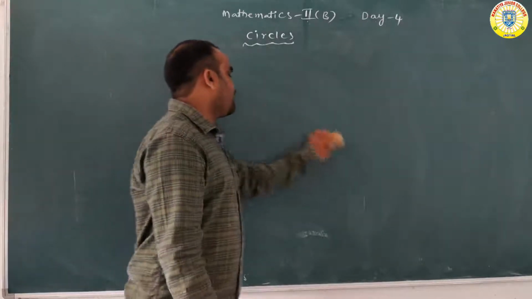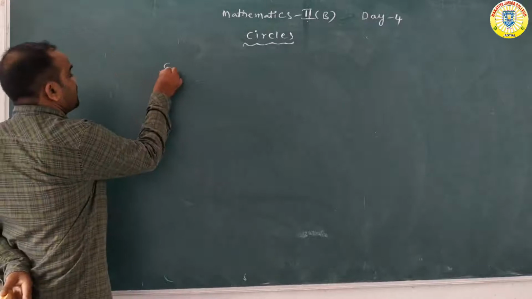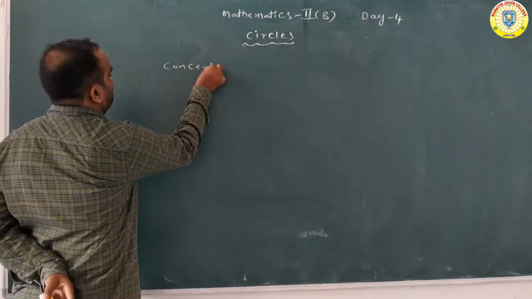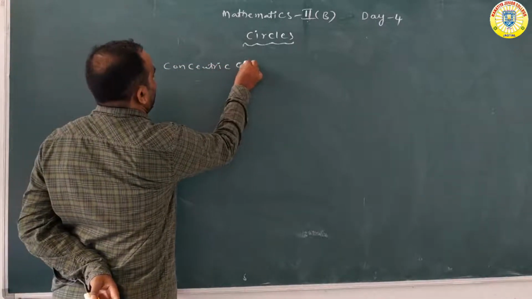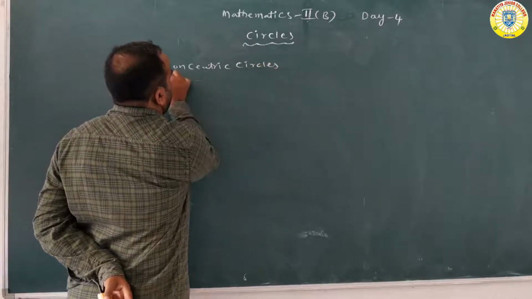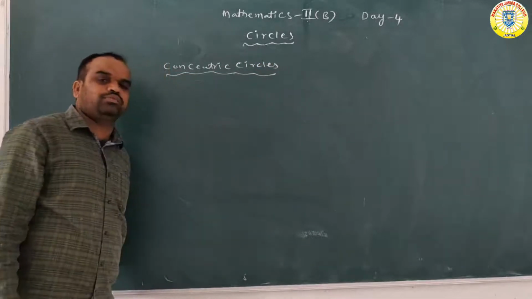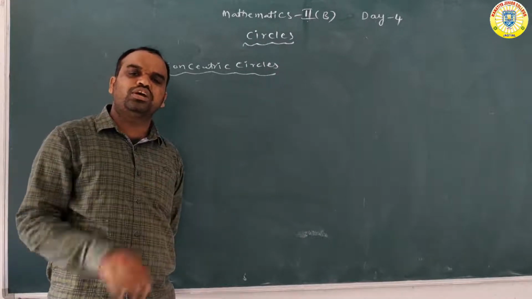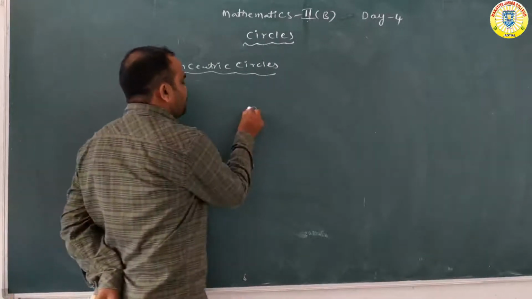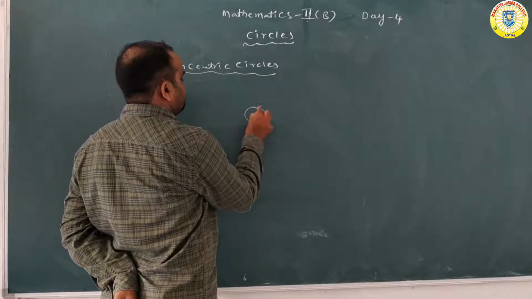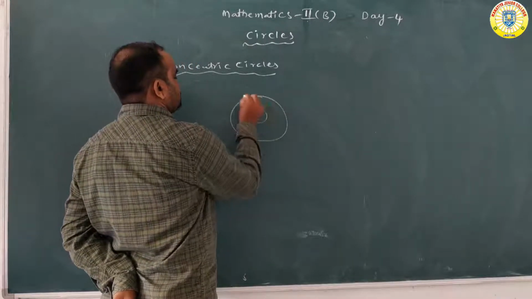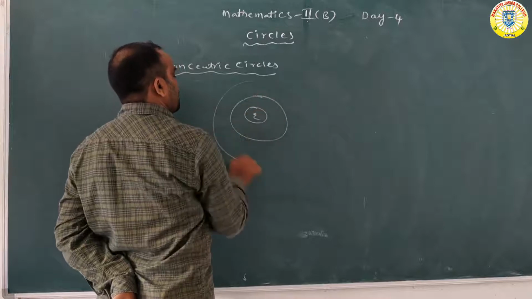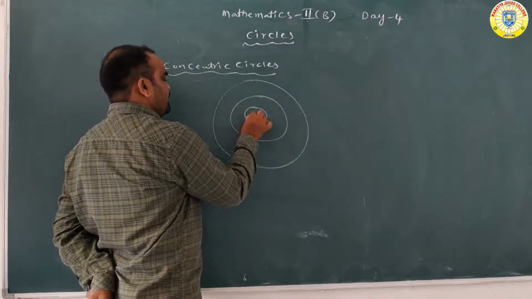And also in the last class we discussed concentric circles. What are concentric circles? Two or more circles having the same center with different radii. Suppose the center of the first circle is this point, the second circle's center is also this point, and the third circle's center is also this point, with different radii.